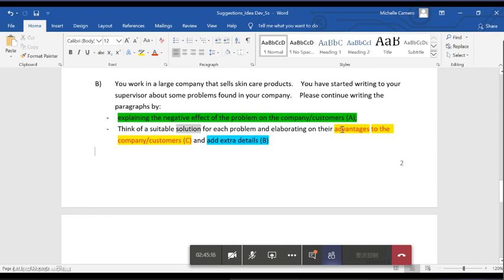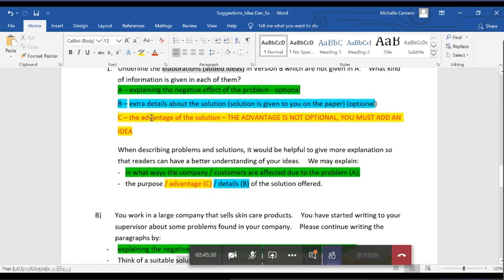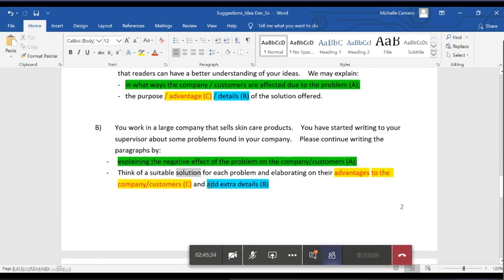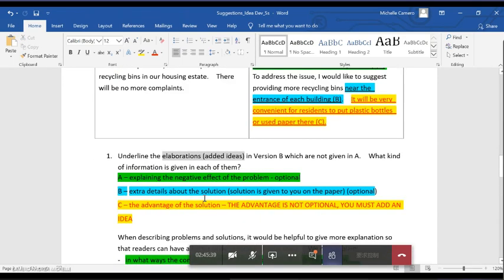I don't like how it says this, advantages to the company or customer, because really it's an advantage of the solution. The advantage is to the solution, but the advantage will benefit the company or the advantage will benefit the customer. And remember, if it's red and yellow, it's not optional. You must add it. Okay, then if you can, try to add some extra details to the solution, which remember is B, adding extra details to the solution.